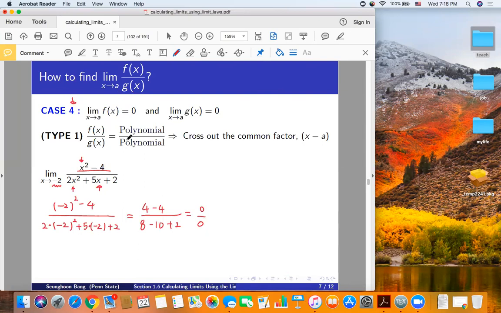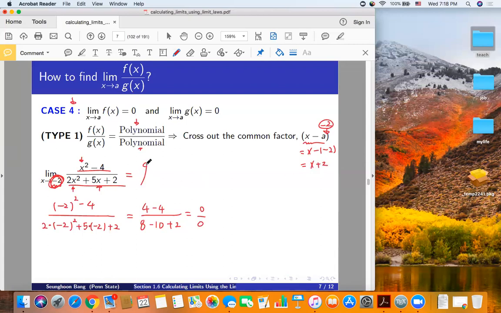The top one is a polynomial. The bottom one is a polynomial. How can you solve it? You just factor. What's the common factor? x minus a. What is a? a is negative 2. You plug negative 2 into a, exactly x minus negative 2, which is x plus 2.